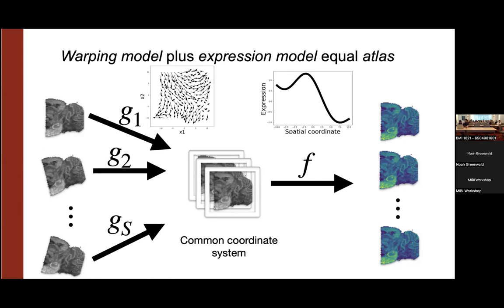So that's one property of them. We warp every single location, every single cell, to a common coordinate system. The cool part about this, I think, is that the common coordinate system is unknown. So this is a reference-free alignment. We can start out with 3 or 5 or 100 different samples and no known coordinate system. We can align these samples to a reference-free coordinate system.